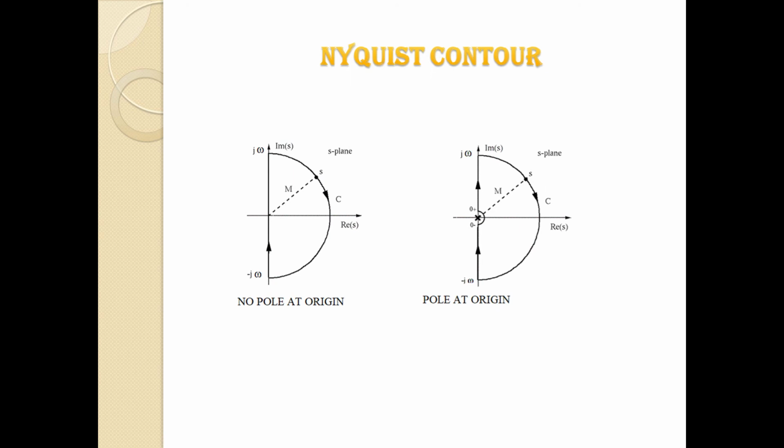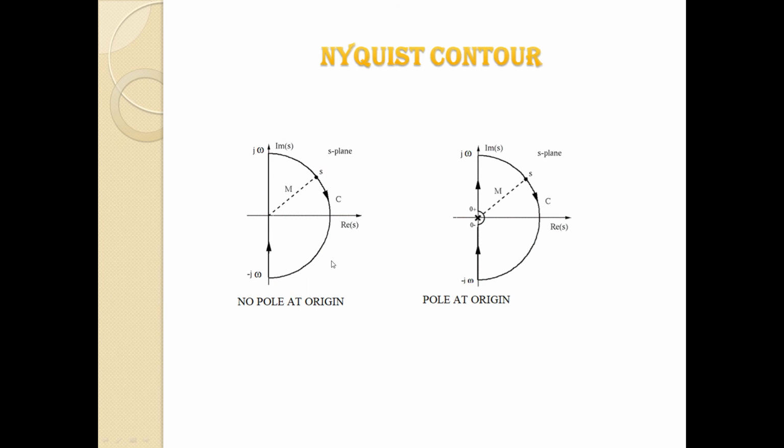And for section 3, omega is varying from minus infinity to 0, so it is the mirror image of section 1. Now, if the system has a pole at origin, then we cannot select this type of Nyquist contour.